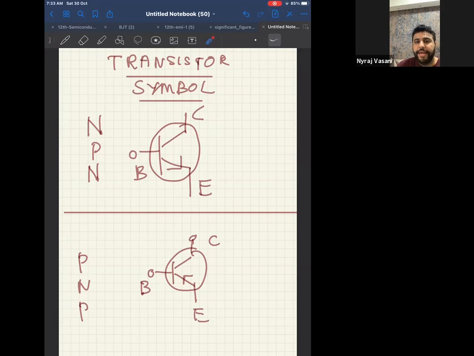Below the diagram, write down. The arrow is called the arrowhead.